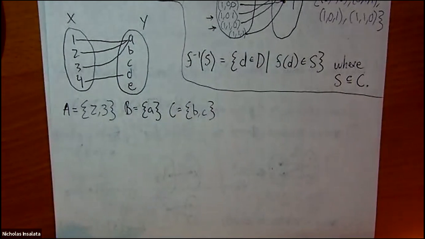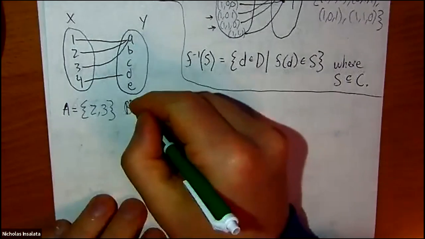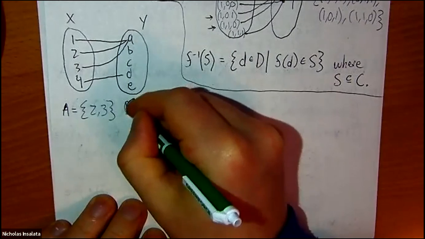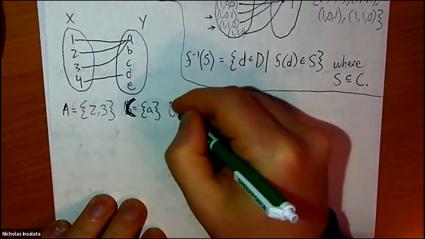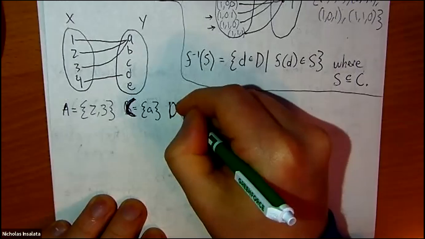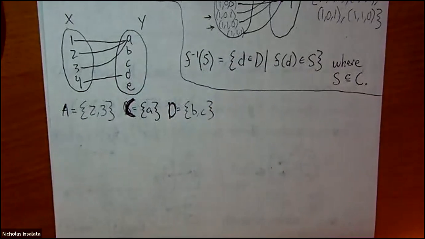All right. Oh, I see. I did that wrong. Okay, let's call this one C. Sorry. Let's see what I did. C and D. Okay, so there's C and D.